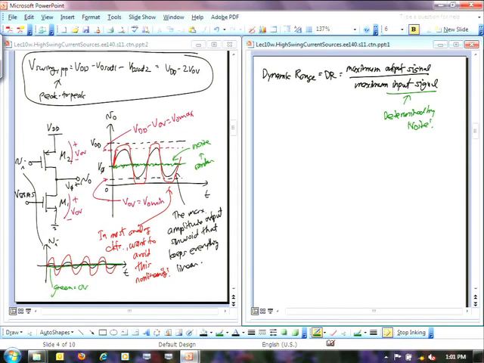Your maximum output signal is determined by exactly what we're talking about. It's determined by the output swing. That's why we care about output swing. Okay, so we care about this a lot.